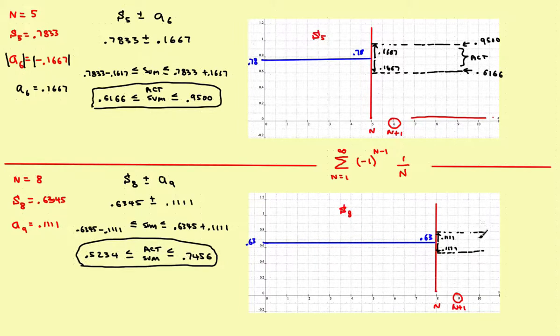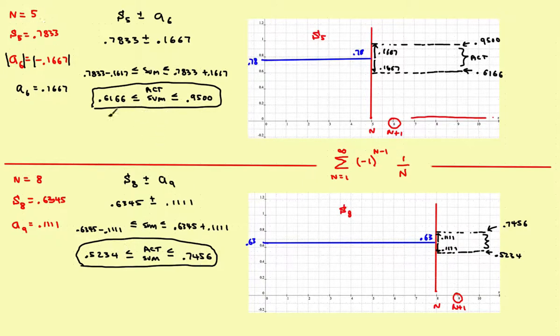So again, the lower part of this would be 0.5234, and the upper part would be 0.7456. And the actual sum has to fall somewhere in that range. Okay, now one thing that should show you, it looks like, first of all, that they're kind of random, and actually they're not.